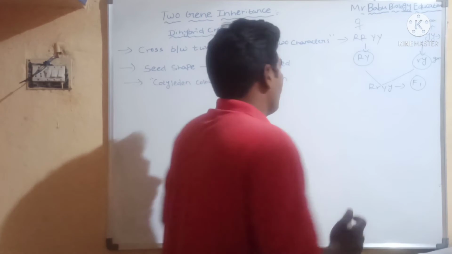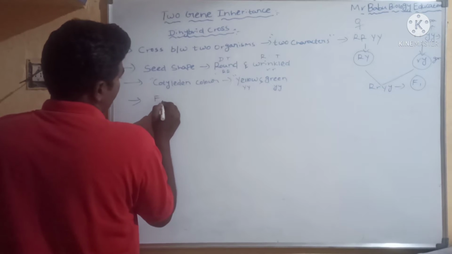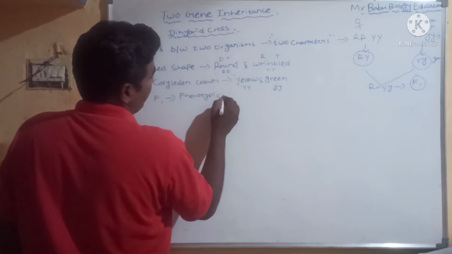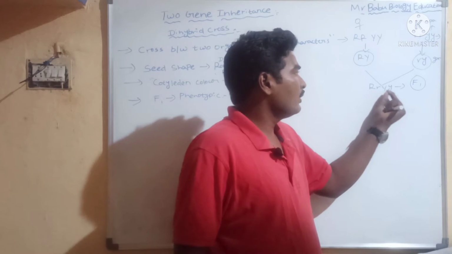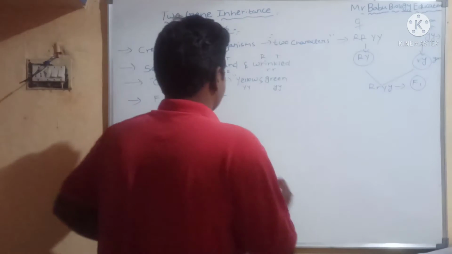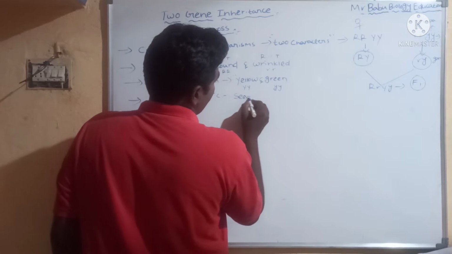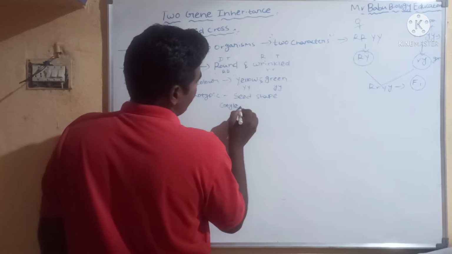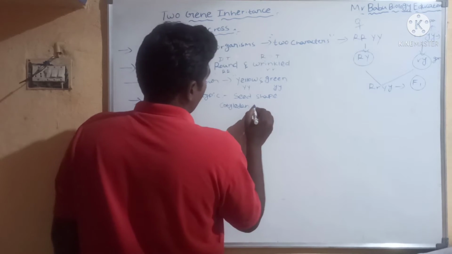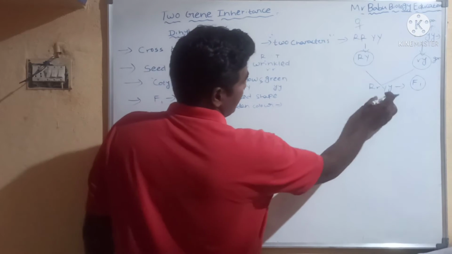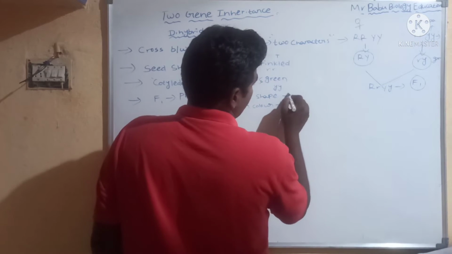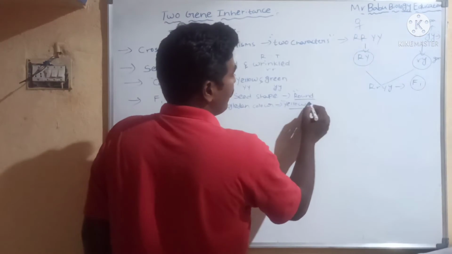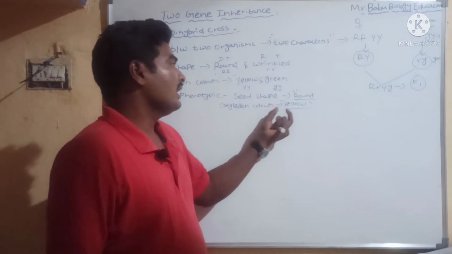The seed shape is round and the cotyledon color is yellow. This is the phenotypic ratio of the F1 generation: seed shape round and cotyledon color yellow.